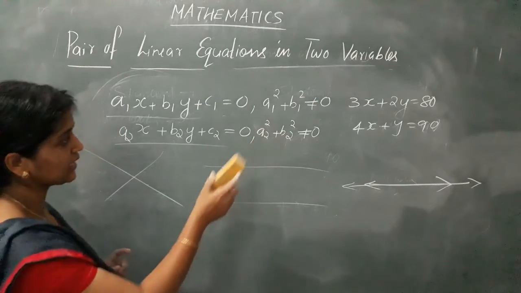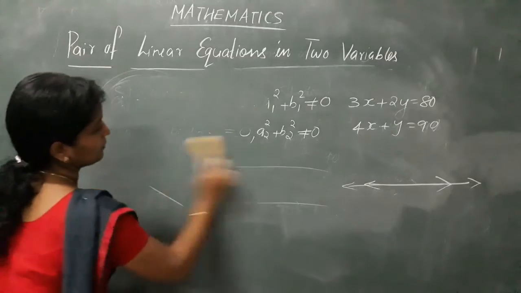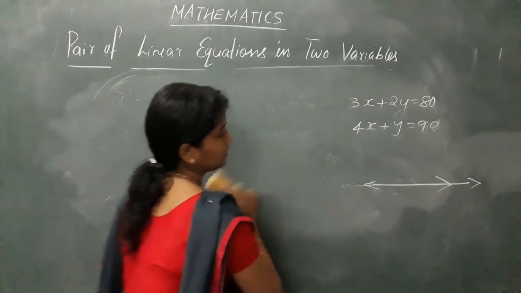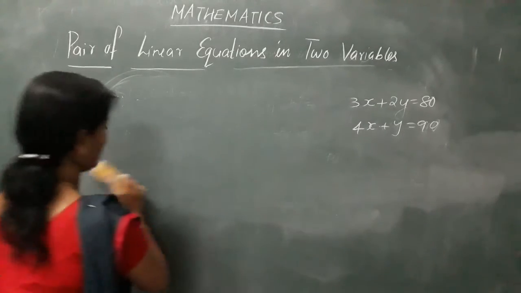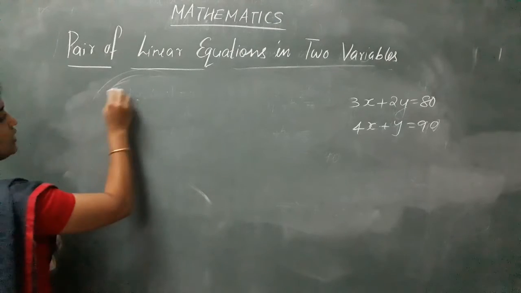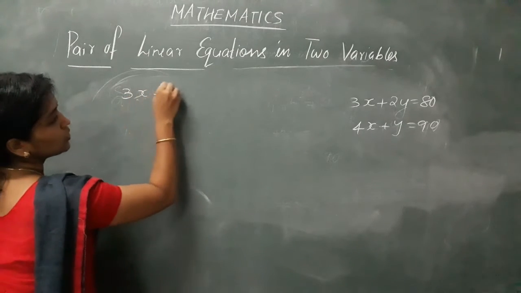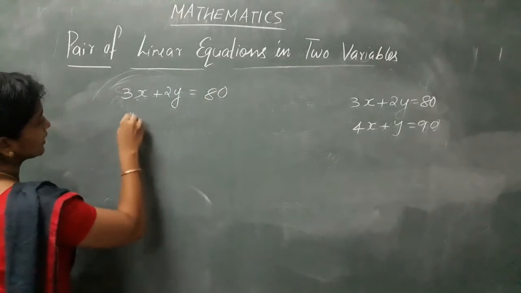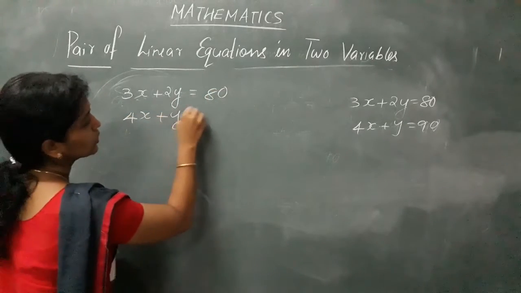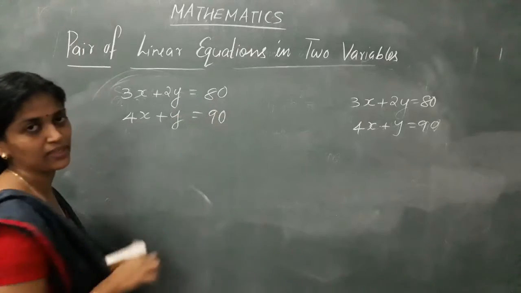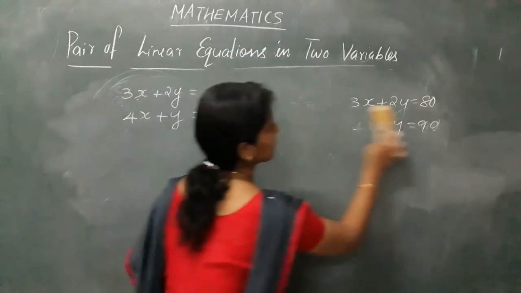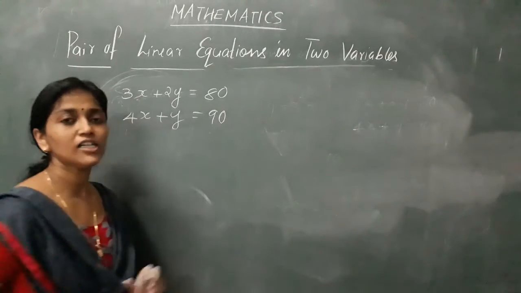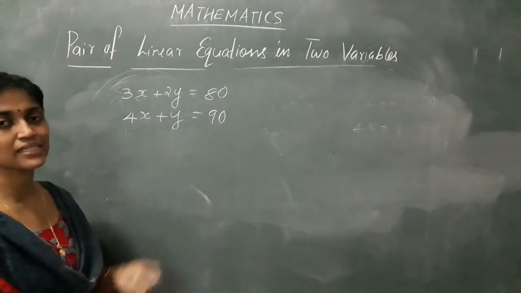So we will go to an example. We have already taken the student example. What was it? 3x plus 2y equal to 80, then 4x plus y equal to 90. When we are asked to represent it algebraically, this is how we represent it.